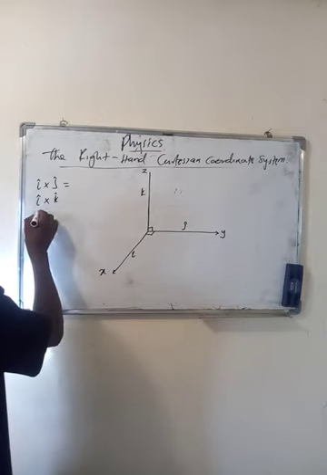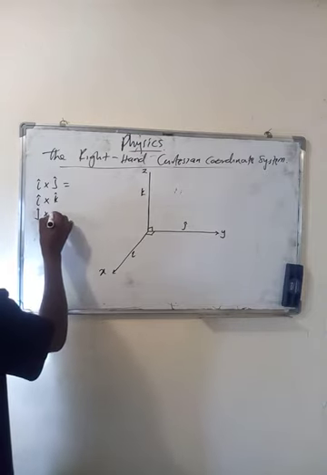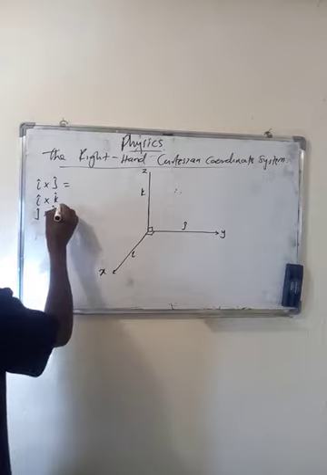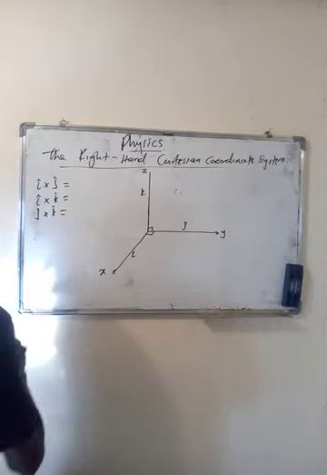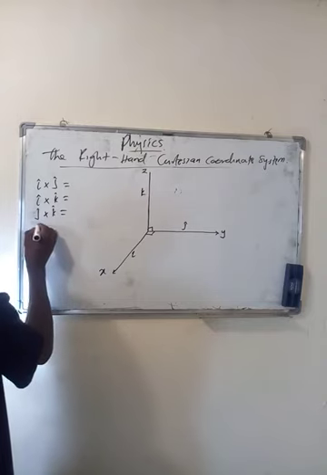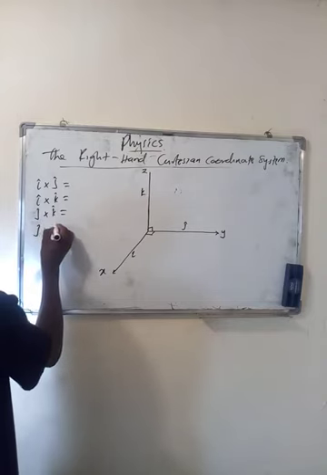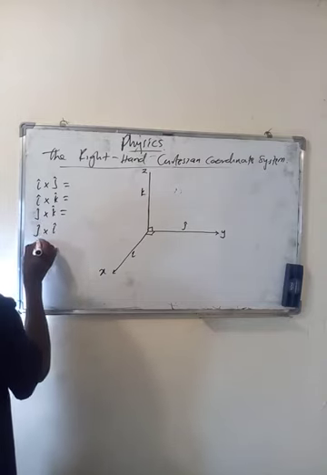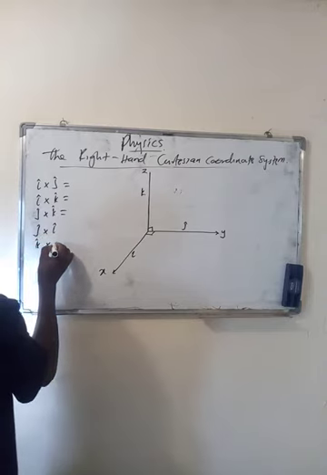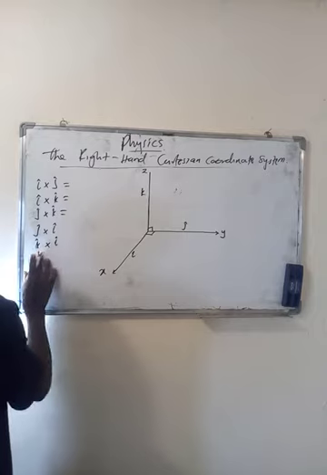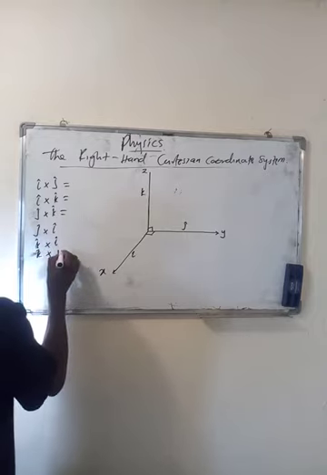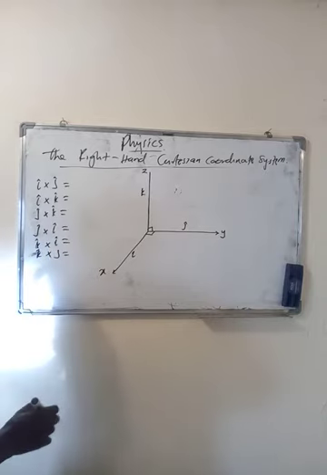And if we multiply j by k, what are we going to have? Then we can reverse these: j by I, then k by I, then k by j. What are we going to have when we do those multiplications?